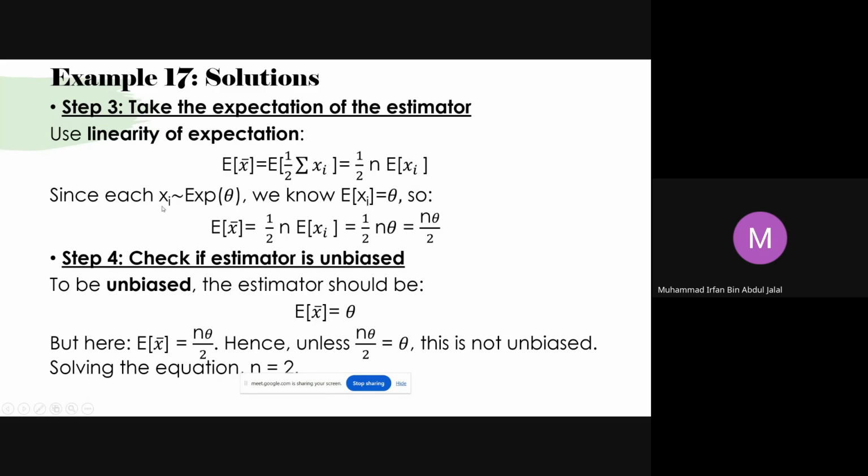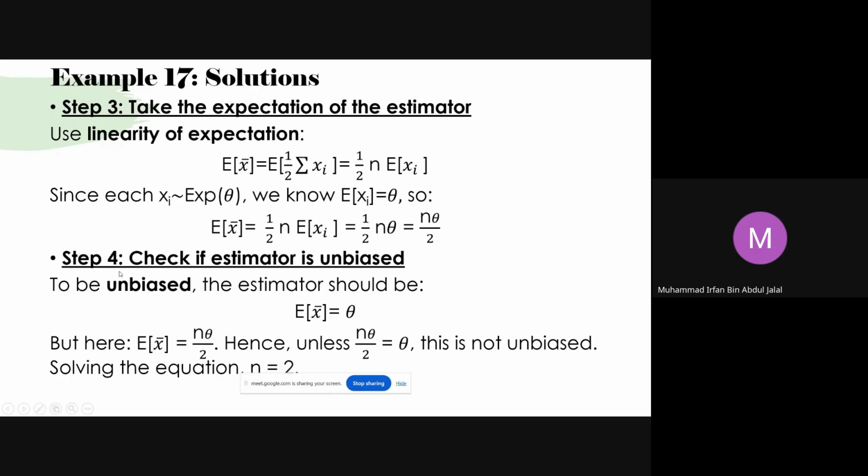Okay, since each xi is distributed as an exponential distribution with a parameter theta, we know, based on our knowledge of the exponential distribution theory, that the expectation of x is also theta for exponential distributions.